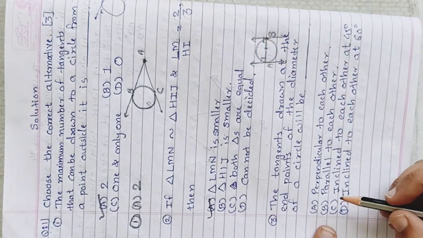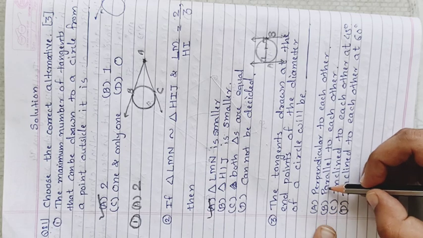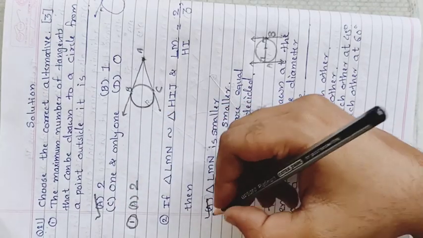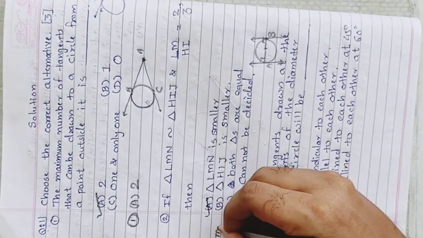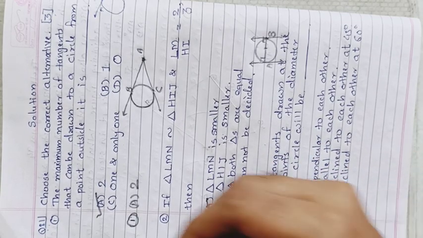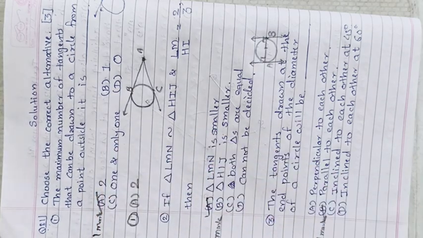So tangents are parallel to each other, and B is the right answer. So 1 mark, 1 mark and 1 mark. Hope you all 3 are correct.